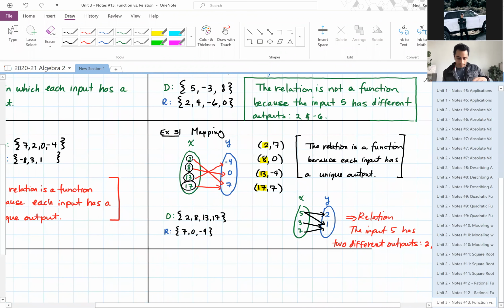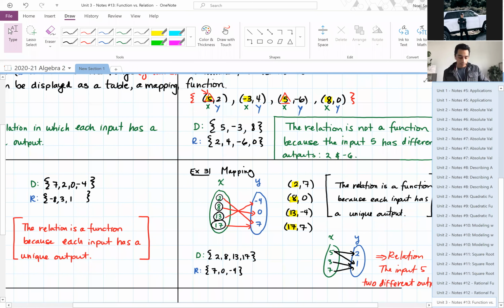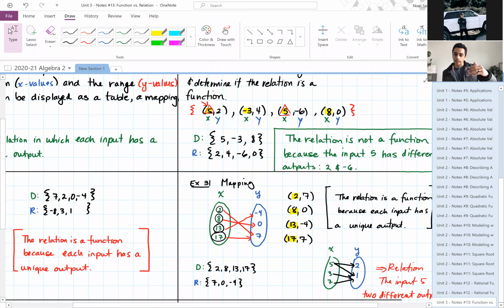Okay. So these are the analog ways, right? When you don't have a graph, when you're given, let's say, a set of points or a mapping or a table, the whole point is that you know how to identify it without graphing it. Because a lot of times you get these points and you think, let me graph it and then test it with the vertical line test. That's okay, but I want you to be able to do it in more ways than one.